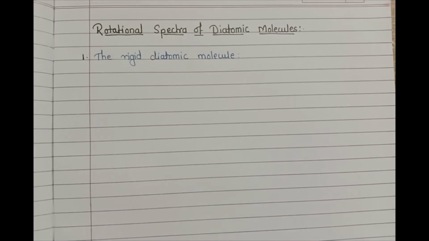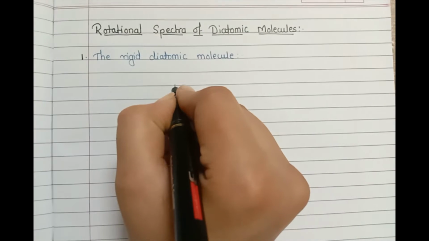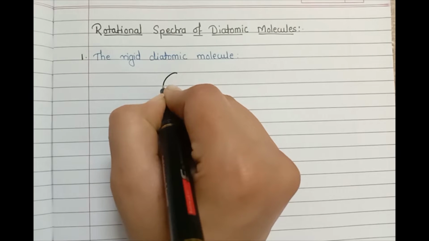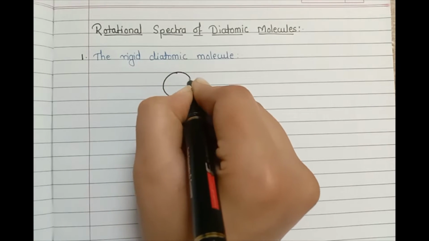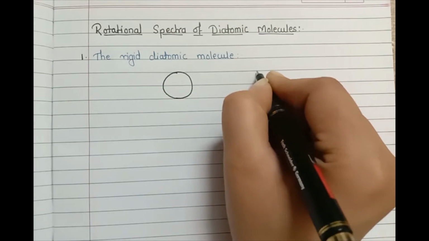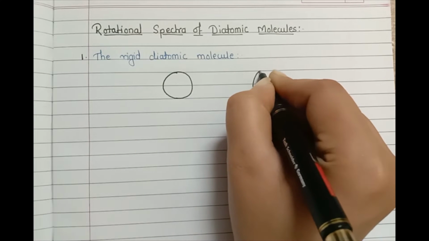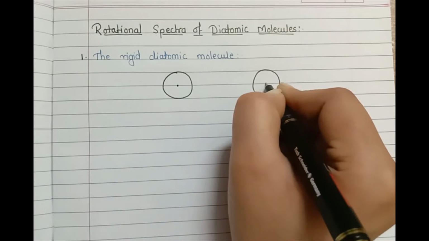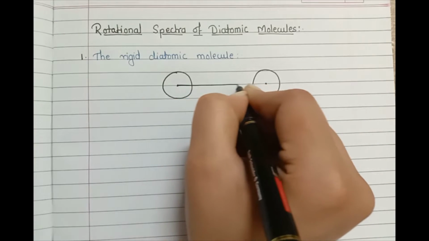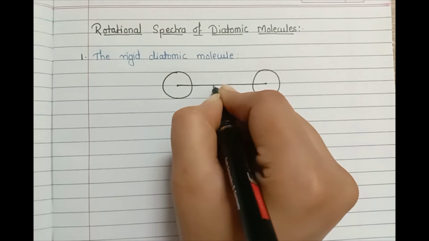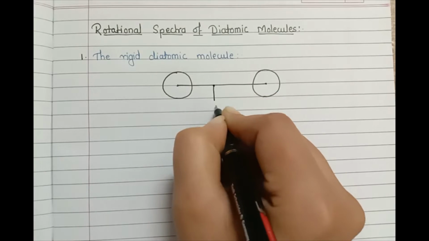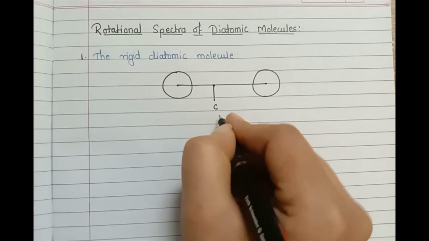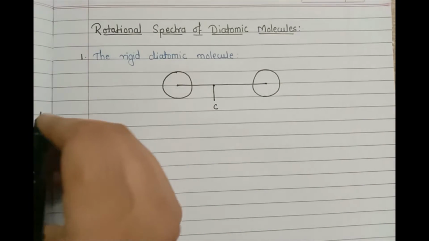Okay. So here we will consider an example of one molecule. Here we are talking about the diatomic molecule. So these are the two atoms. Imagine that this point C is the center of gravity.